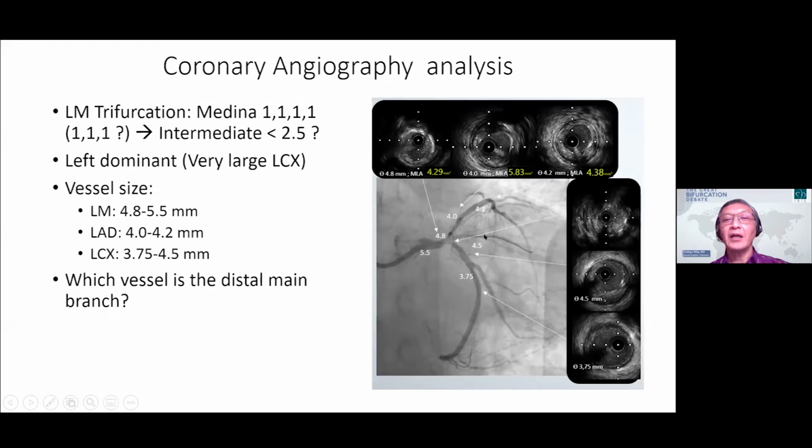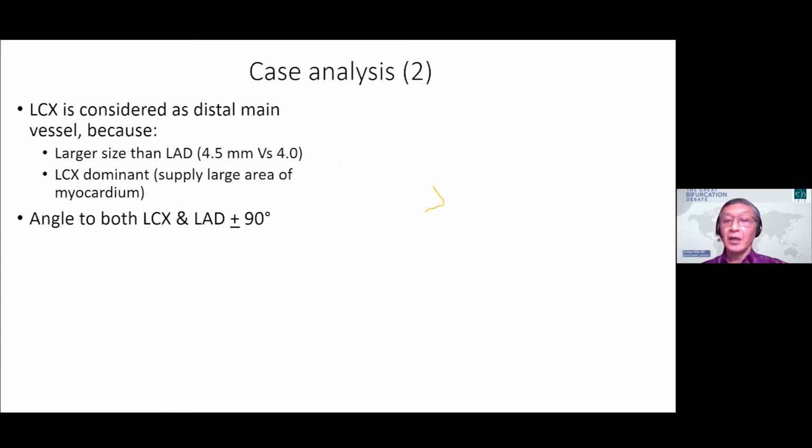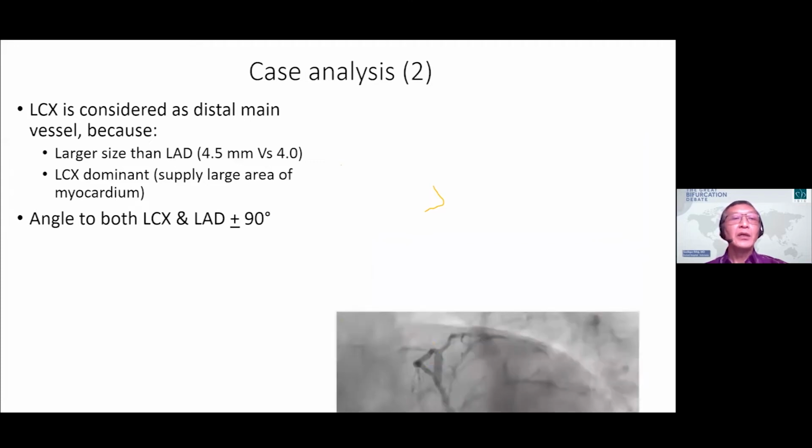Even Dr. Yamasaki said that might be the first branch of the circ. So I don't know if this is 1,1,1,1 or 1,1,1. The circ is larger than the LAD, so I consider the circ as the distal main branch, because of the higher diameter compared to the LAD.